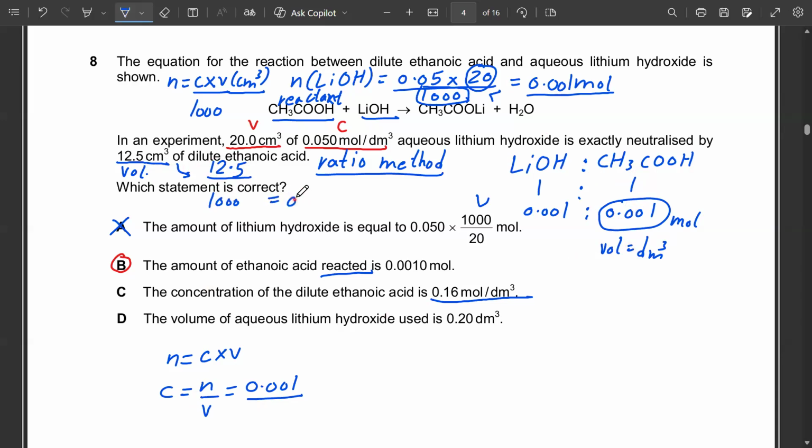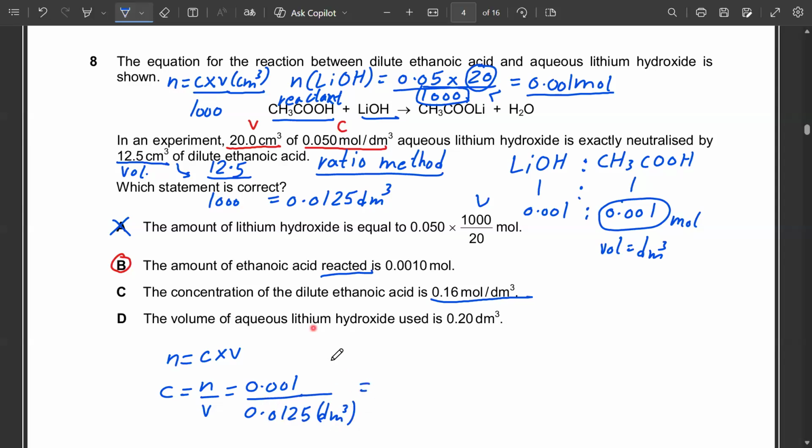So it will be equal to 0.0125 decimeter cube. So divide this value by 0.0125 decimeter cube.